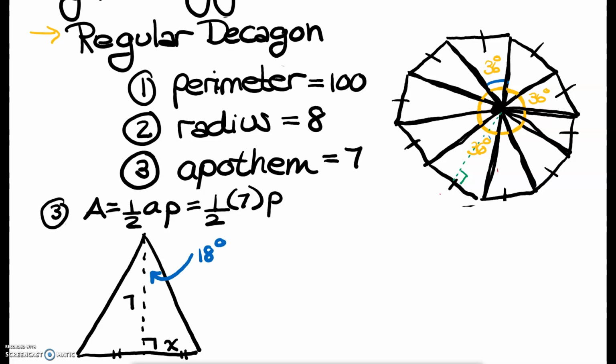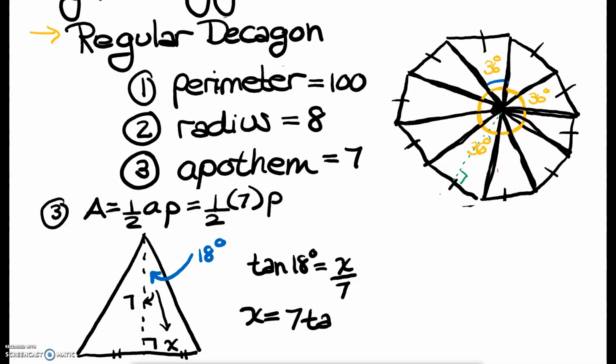This angle is 18 degrees. So what do I have here? I now have opposite and adjacent, so it's tangent again. The tangent of 18 degrees equals x over 7, and when I multiply both sides by 7, I get x equals 7 tangent of 18 degrees.